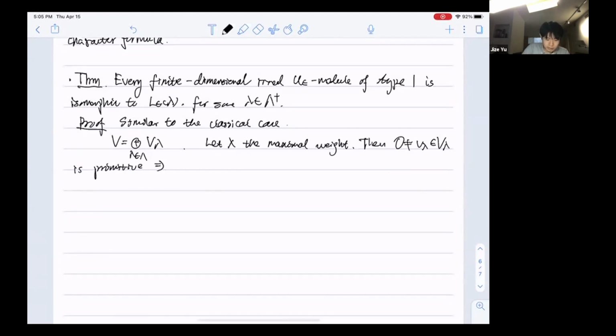So this basically tells us that this vector V lambda generates. Okay. So then it remains to prove this lambda is really dominant. In other words, lambda paired with alpha check is greater than or equal to 0. The proof of this is left as an exercise.